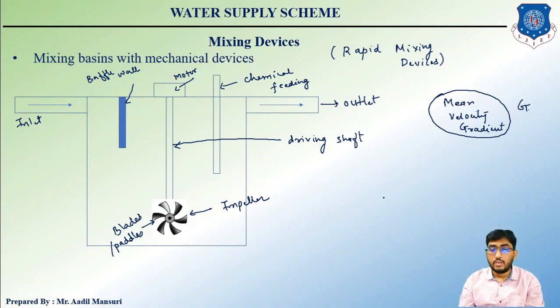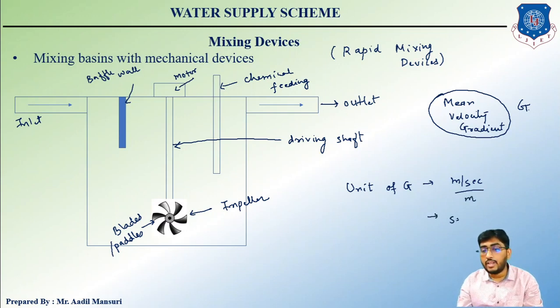So what shall be the unit of G? The unit of velocity is meter per second, per unit distance, so divided by meter. So the unit of G will be second inverse.